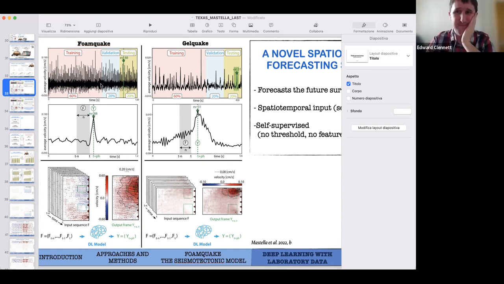And it works. It doesn't work as well as in the case where you always use only the data from one experiment.